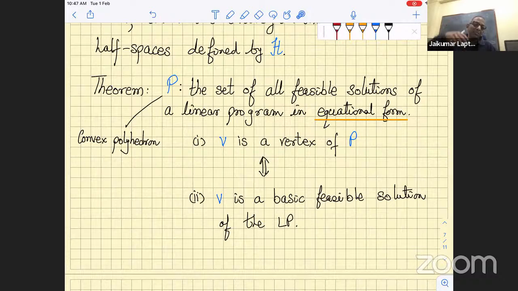This is the connection between the first part of our discussion, which was very algebraic, defined by square matrices and all that, and the second part where we are thinking geometrically and imagining that there are points where some objective function takes the optimum value.